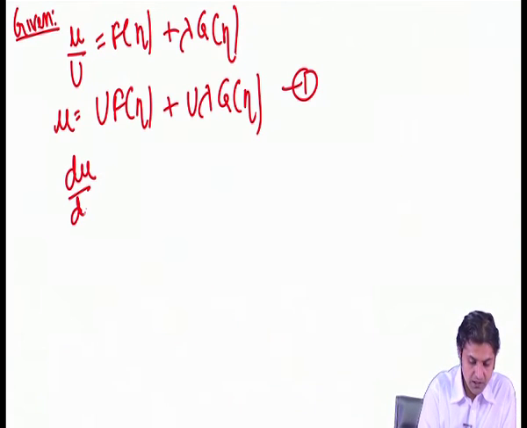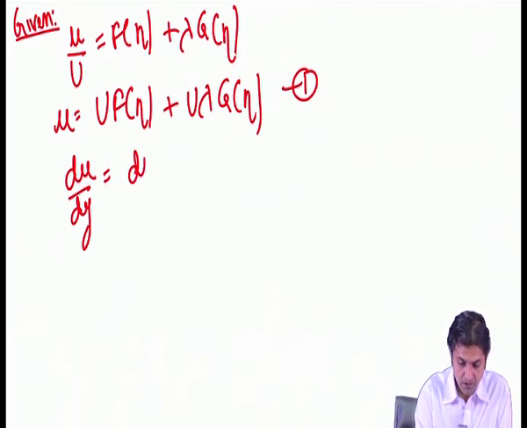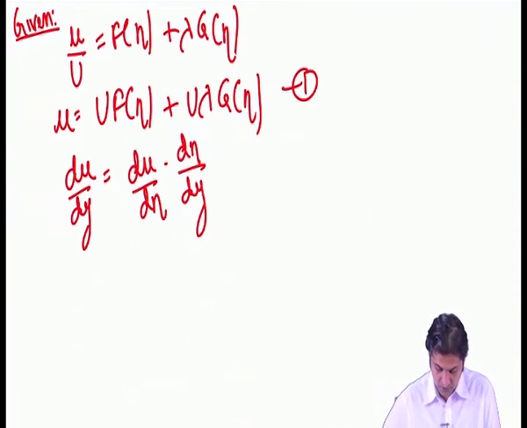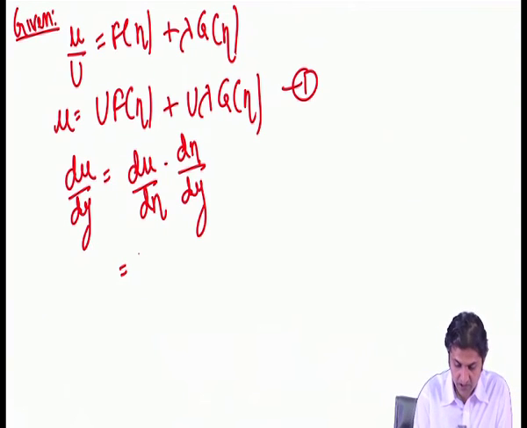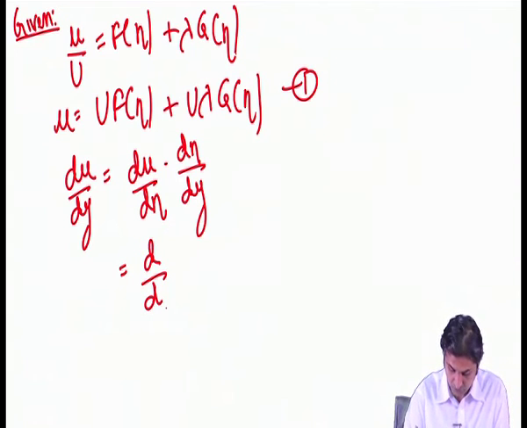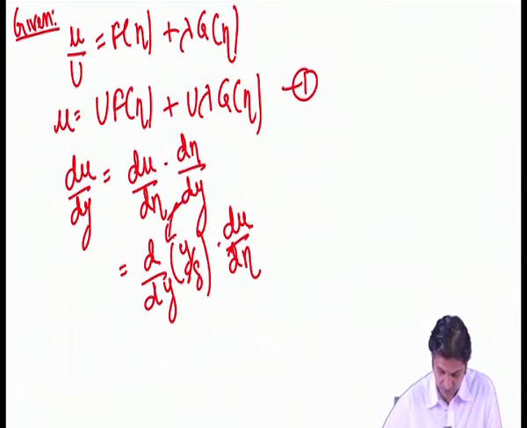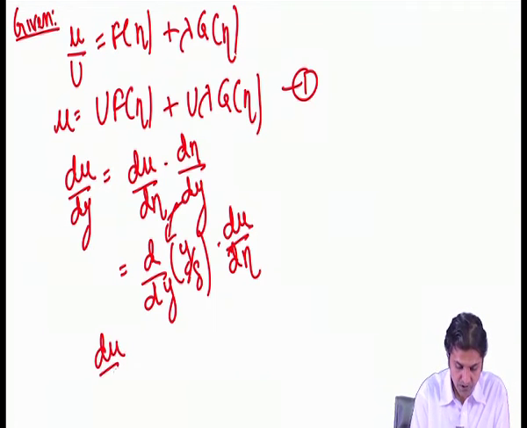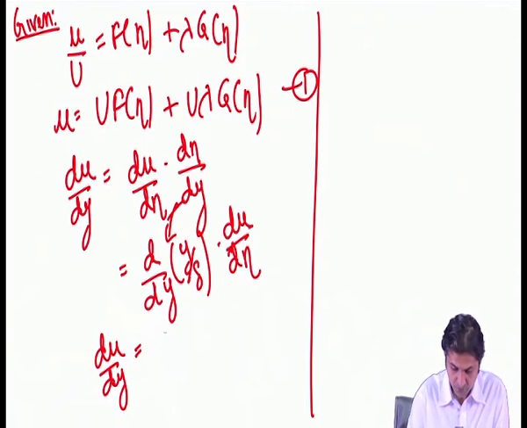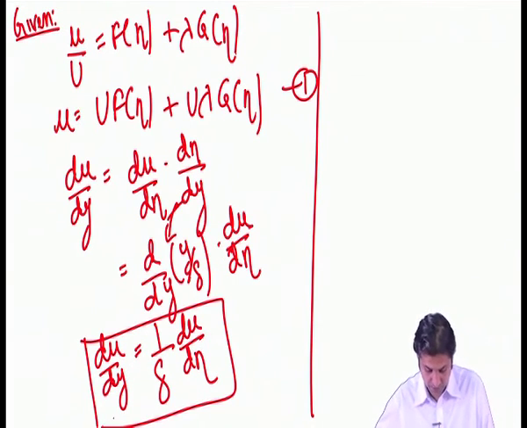So du/dy can be written as du/dη into dη/dy. Since η is y/δ, dη/dy is 1/δ, so du/dy can be simply written as 1/δ into du/dη. This is equation number 2.